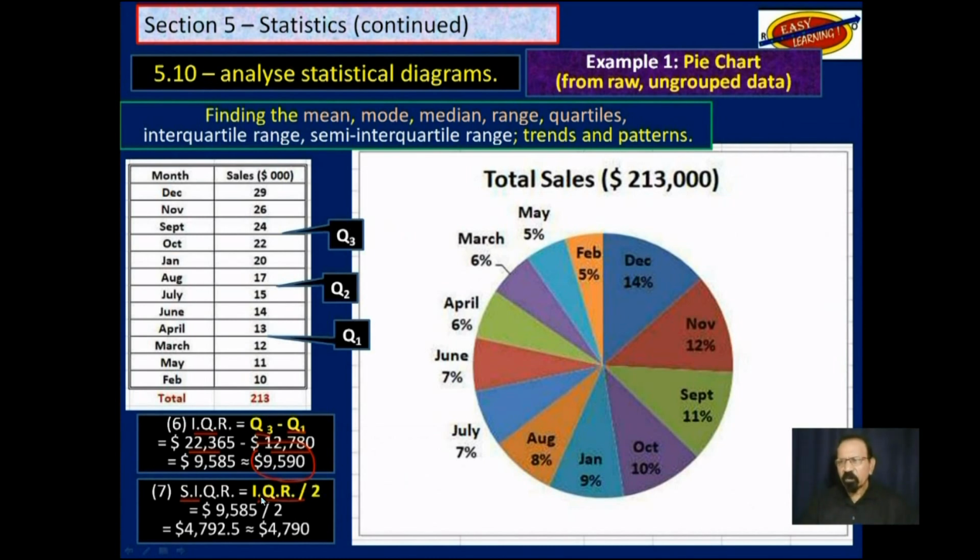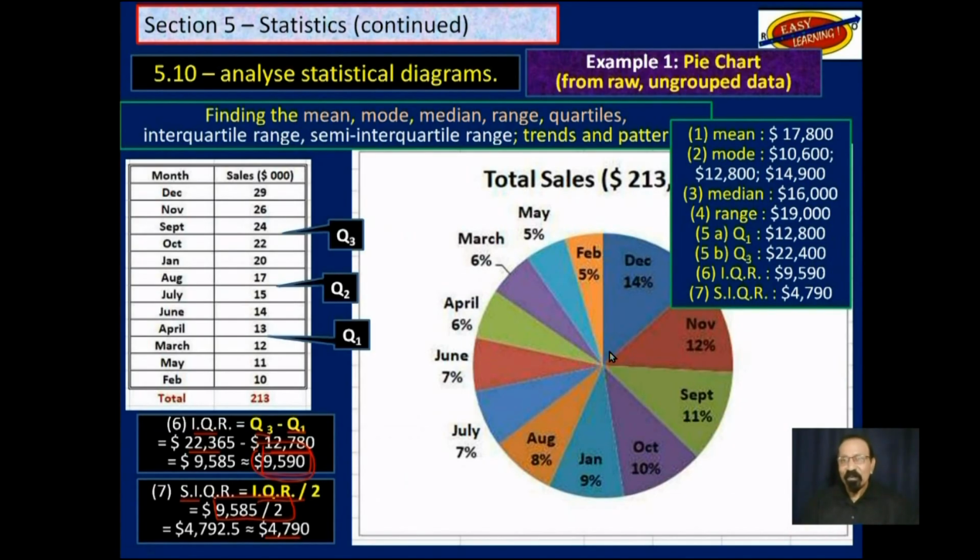So all we need to do is divide this 9,590 by 2, and we get 4,790. So as of now, we have these 7 things from that pie chart.